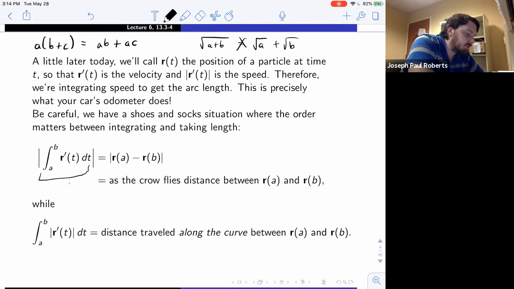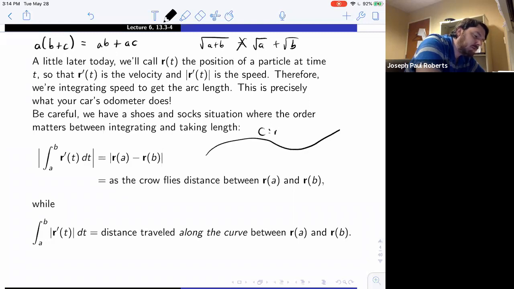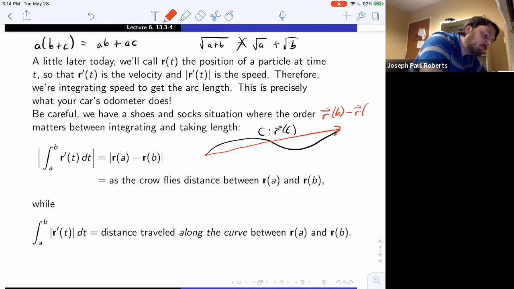And so visually what's happening there is you're getting the crow flying distance between the 2 points, right? Because if this is your curve r of t, then if I do r of b minus r of a, that's this red vector here. At t equals a, you're at this point, at t equals b, you're at that point.